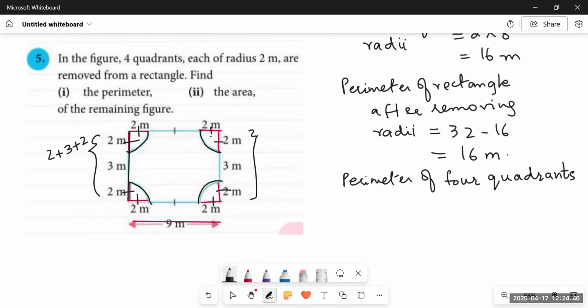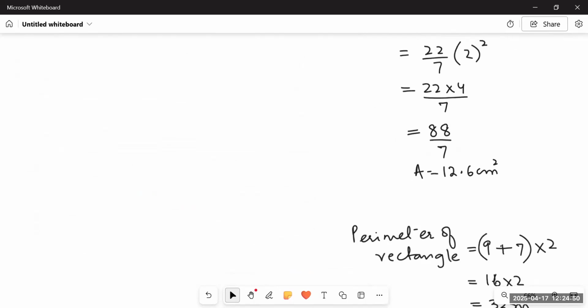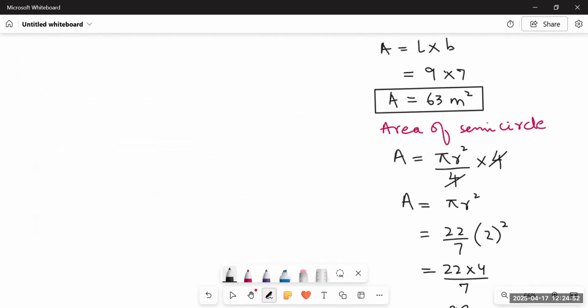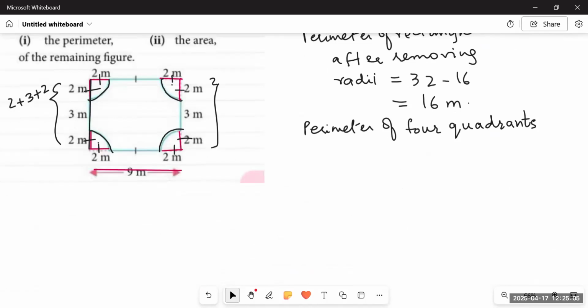Okay. Here we wrote semicircle. It's not a semicircle. It's a quarter circle. Make a correction over here. Or you can simply write it as quadrant. That's also correct.